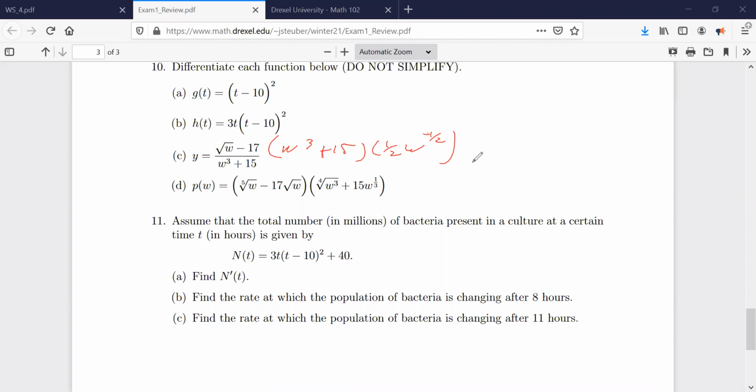And then minus the top times the derivative of the bottom. So the top is the square root of w minus 17 times the derivative of the bottom, which is going to be 3w squared. And then that's all over w cubed plus 15 all squared.